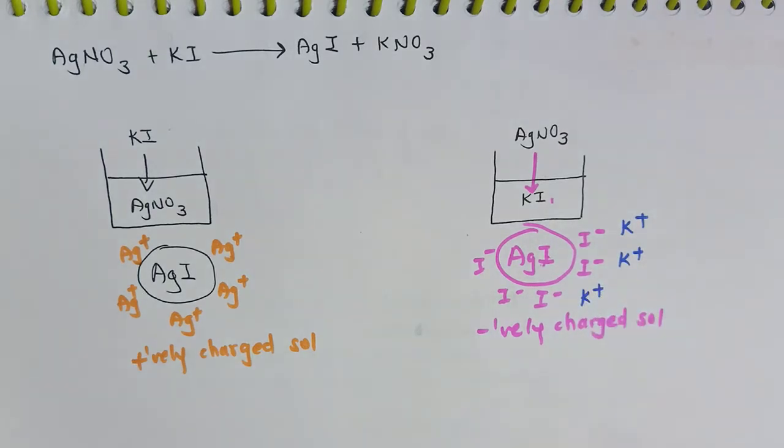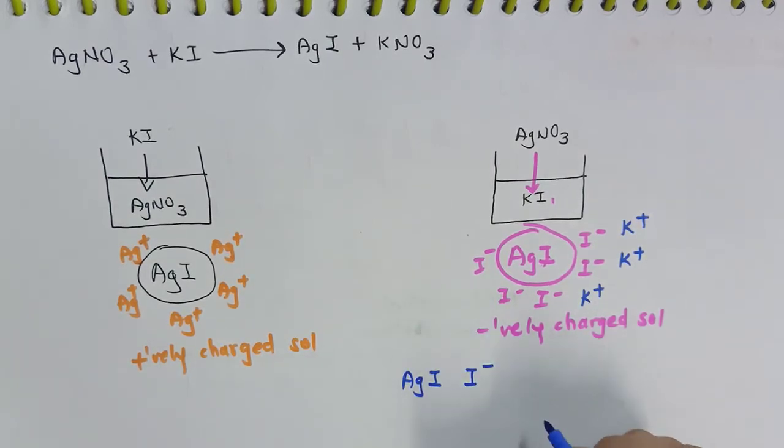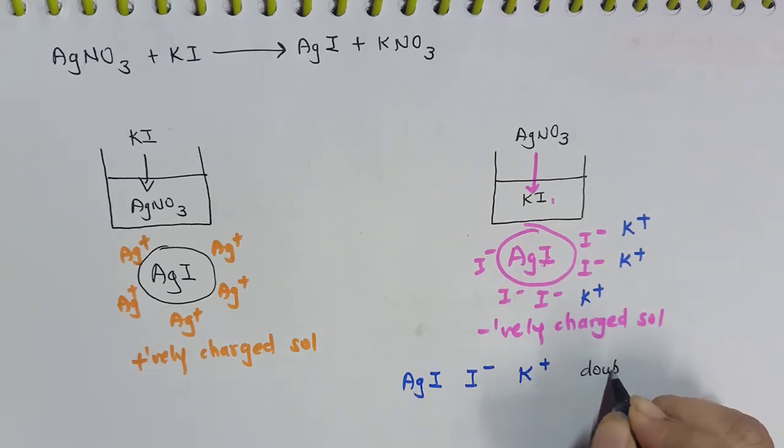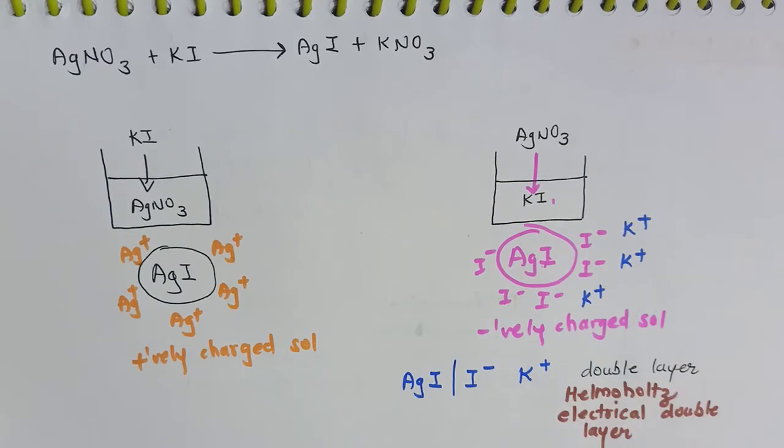So there is a double layer formation on the silver iodide: iodide is adsorbed on it as well as potassium. This layer we call a double layer. The name of this double layer is the Helmholtz electrical double layer.